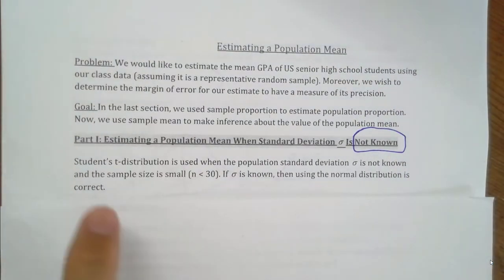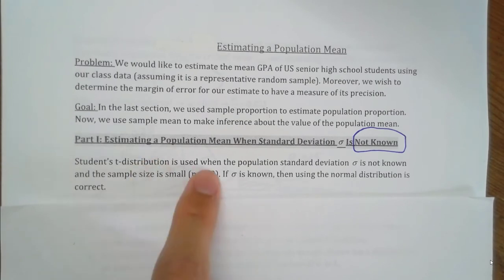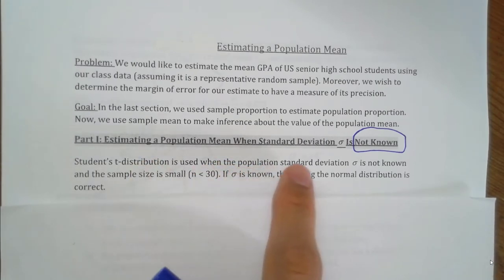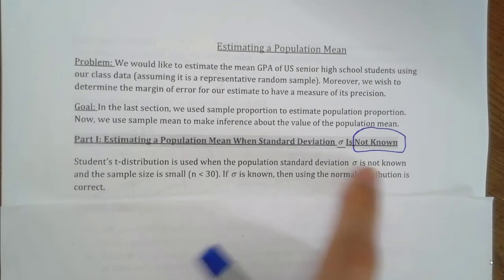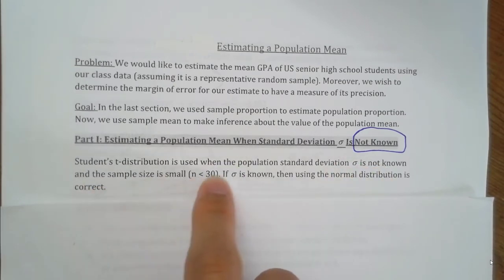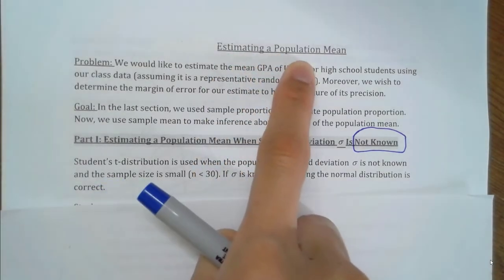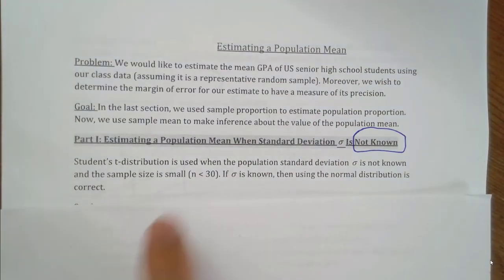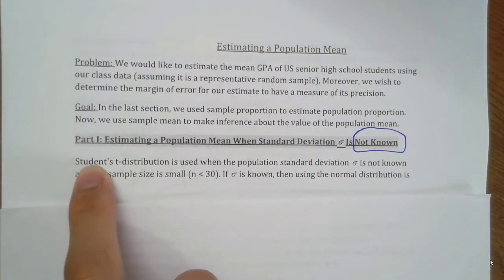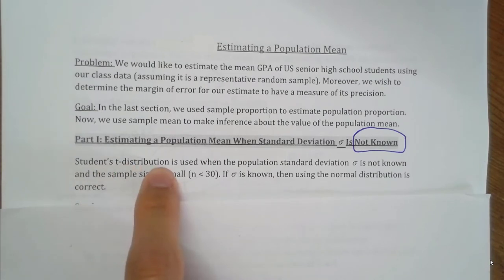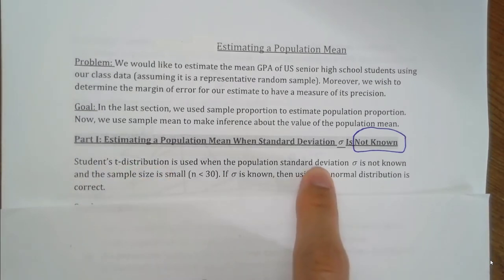We use something called a student T distribution when the population standard deviation sigma is not known and the sample size is small. Remember, from the other video, we use the standard normal distribution for estimating a population proportion, but for the population mean, we use the student T distribution when the standard deviation sigma is not given, and also the sample size is small, when n is less than 30.